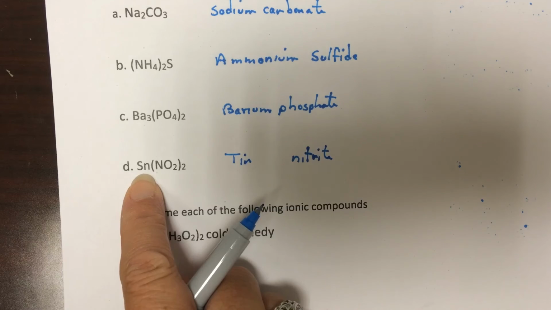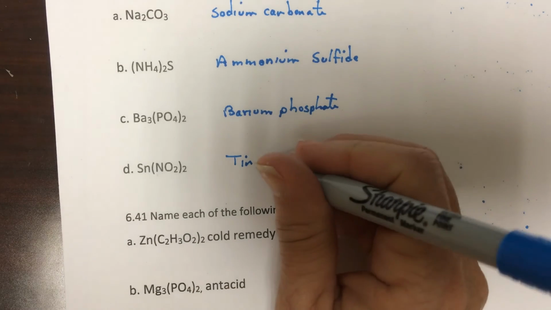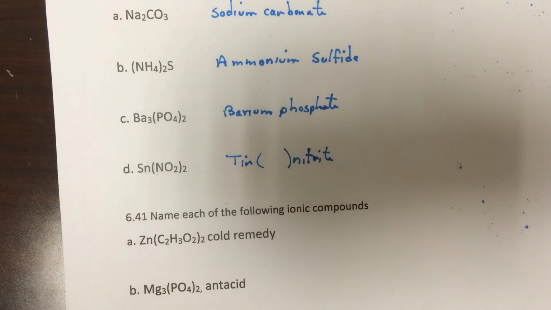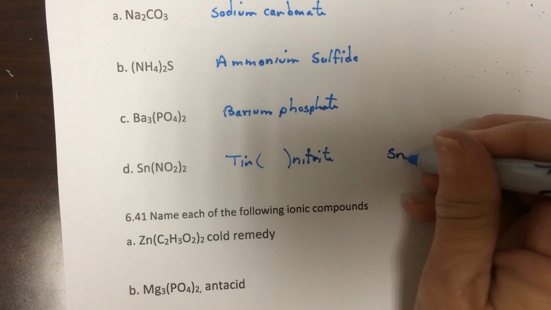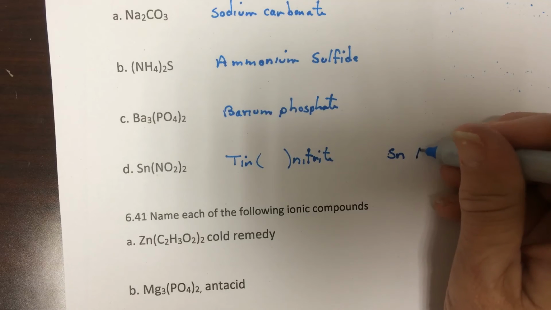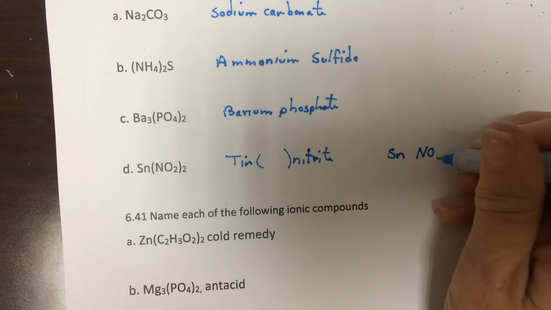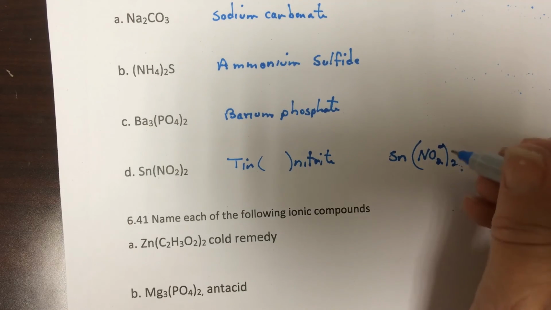Tin is a transition metal, and it has more than one state, so we're going to need to use Roman numerals for it. So tin, and we don't know the charge on the tin. We know that this has a -1 charge.